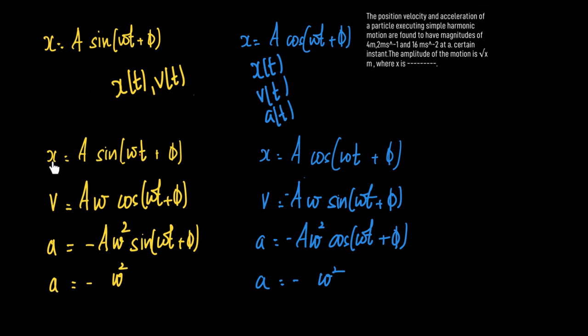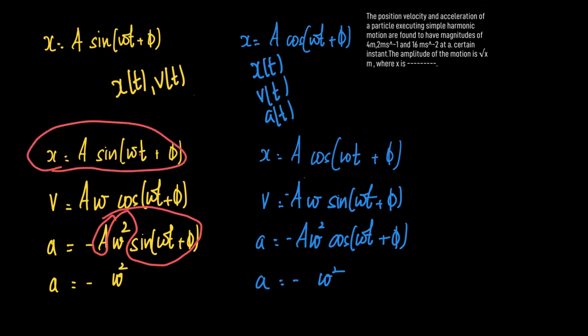So velocity is the derivative of x with respect to time, which is a omega cos omega t plus phi. Acceleration is therefore minus a omega square sine omega t plus phi. And a times sine omega t plus phi is equal to x, and therefore a is equal to minus omega square x.